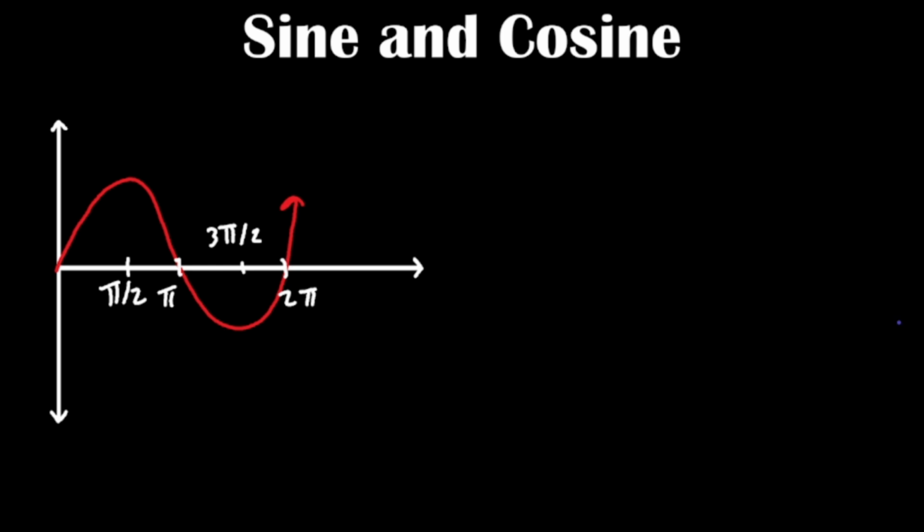So if we're thinking of what the derivative of sine should be like, we know that its derivative here at this highest point, we know that slope is going to be 0. So we know the derivative function should have zeros at both the places where it's at its highest point.